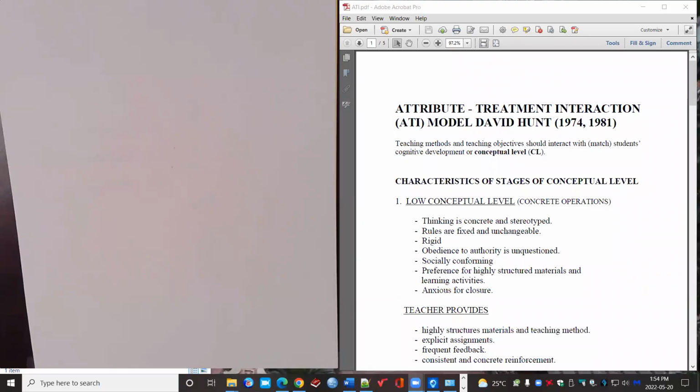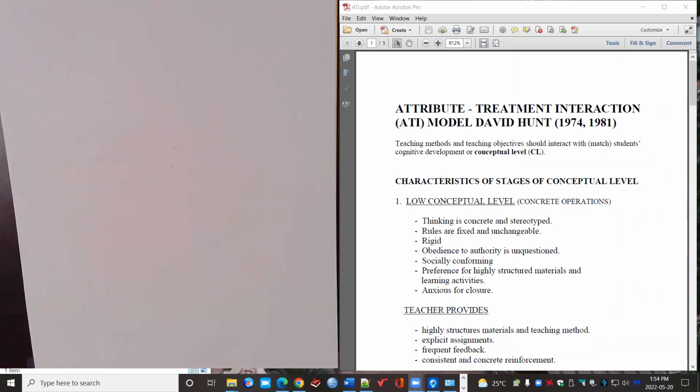Attribute treatment interaction. It's called ATI. David Hunt. You have what you have learned. David Hunt is the matching, mismatching guy, right?